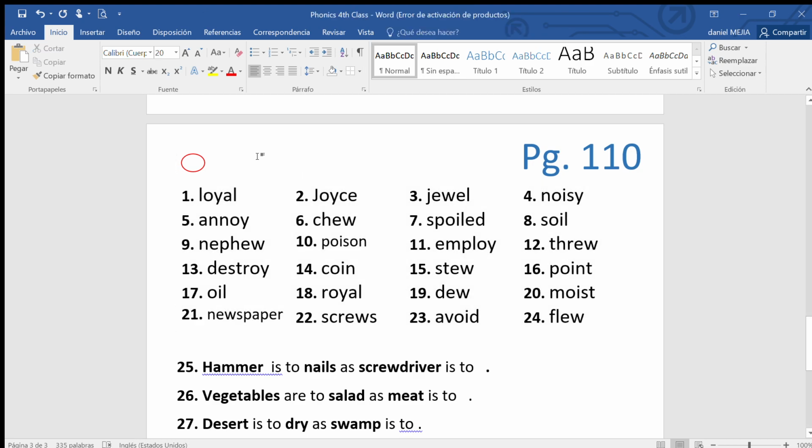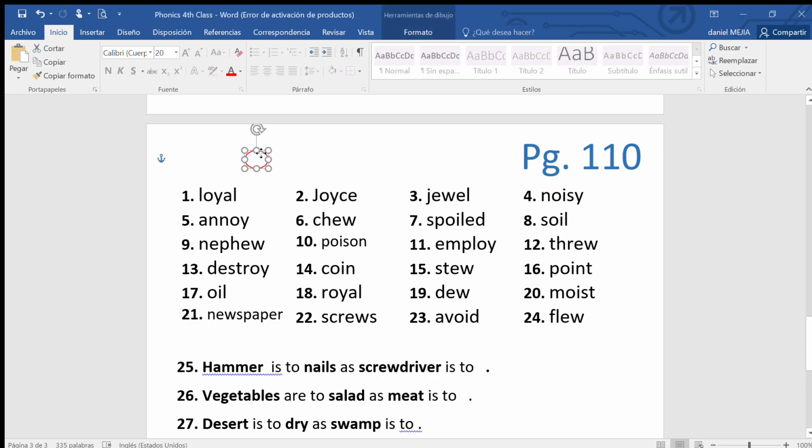Remember, we saw the diphthongs E-W, O-I, and O-Y. So on number 1, we have loyal. It is O-Y, so we circle O-Y, okay? Then we have number 2, joys. What diphthong do we have? O-Y again, yes.